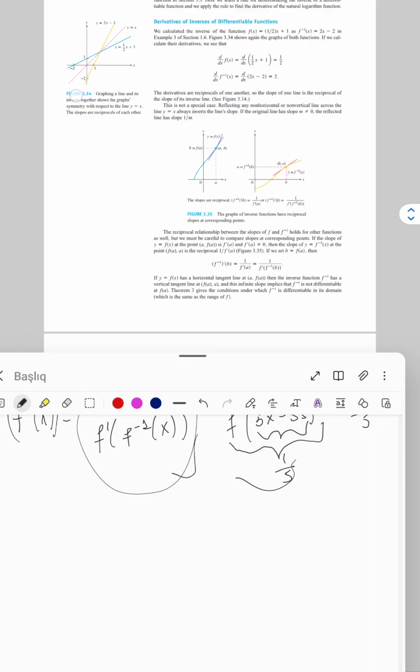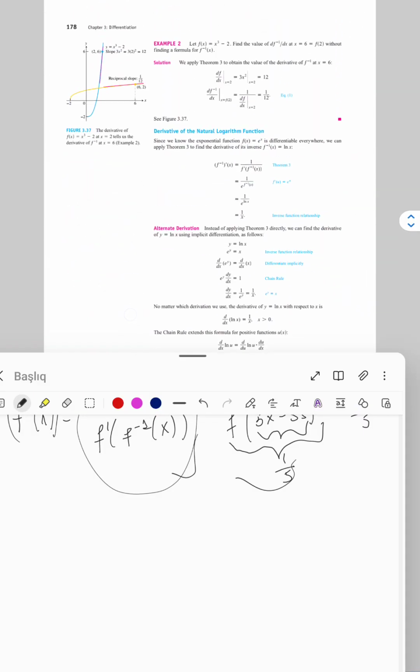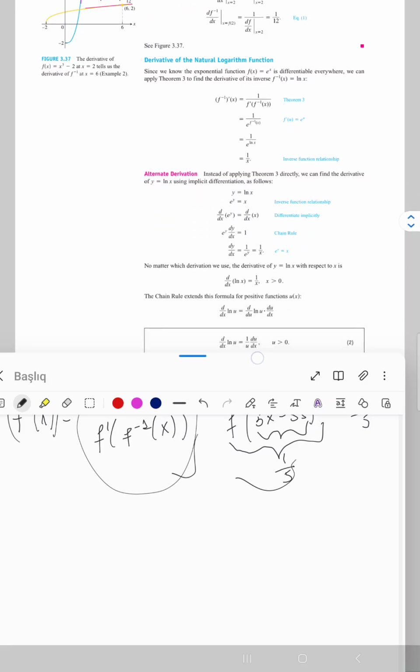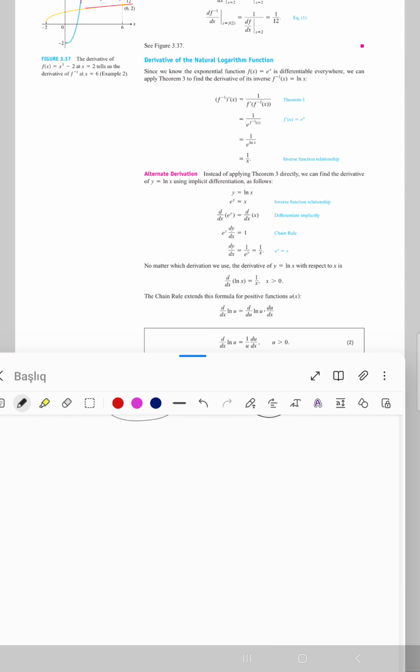Okay, let's see the derivative of the natural logarithm function. I think you understand the derivative of inverse function. Again, you have to remember just one thing about the derivative of an inverse function, and that is this formula.